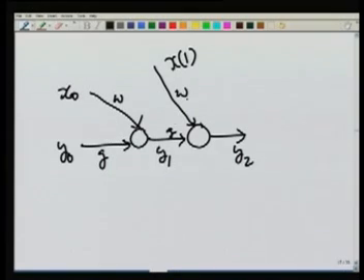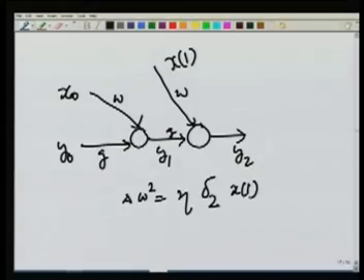So, this is my second layer. I will write the change delta w2 using the gradient descent, back propagation algorithm. This delta W2 is eta delta 2, this is the output layer, so I put delta 2, the error back propagated from the output layer, and the input is x1.